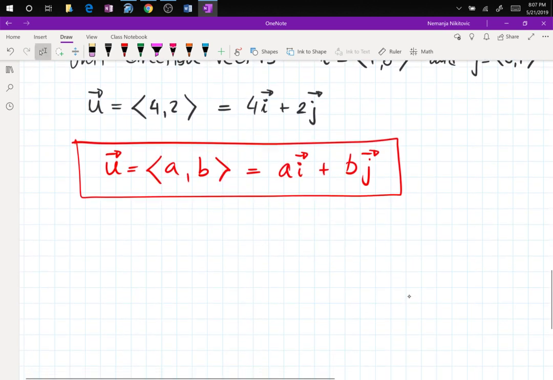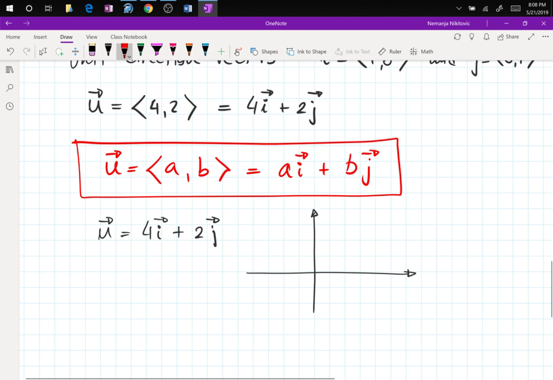Now, in terms of graphing, if you are looking at the vector u equals 4i plus 2j, you will just draw those vectors.